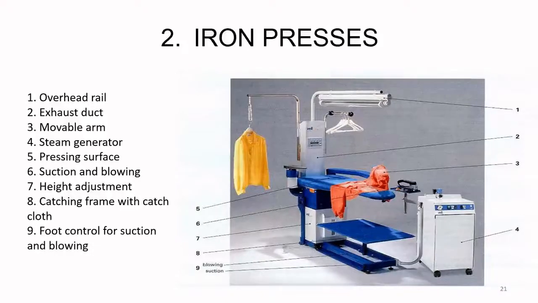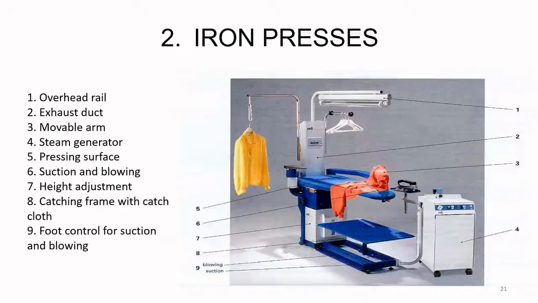Blowing is the case where, using the same system, instead of sucking the air, we blow the air. Blowing is done where the garment is made of a delicate fabric and we are ironing it, and we blow the air from the bottom of the pressing surface in order to reduce the impact of the iron on the fabric. So we blow air, which is the opposite of suction.